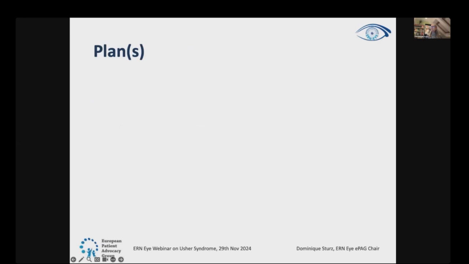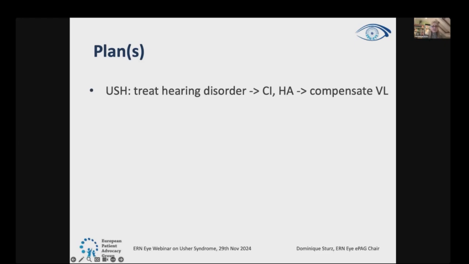And another aspect that is relevant is to make plans. Families want to have a plan for their child, for themselves, or for young teenagers or young adults. They want to make plans. Those families also want to take informed decisions about treating the hearing disorder, for instance, very early by providing hearing aids or cochlear implants depending on the subtype of Usher syndrome.